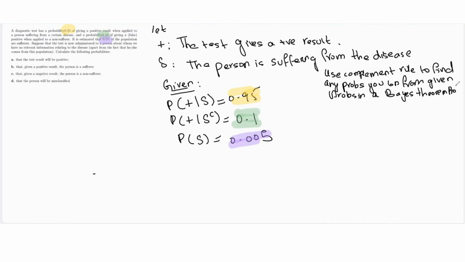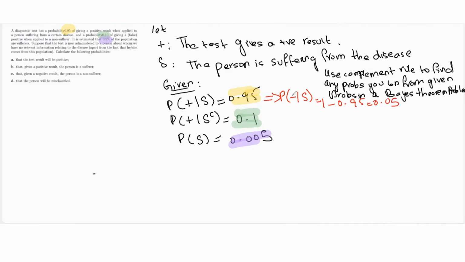So what we're saying is, whenever you have a Bayes theorem problem, you first obviously define your events, and then you look at what probabilities are given to you. And then you use the complement rule to find any probabilities you can. We know the probability of positive given he's a sufferer is 0.95. So the probability of negative given a sufferer is 1 minus 0.95, which is 0.05.